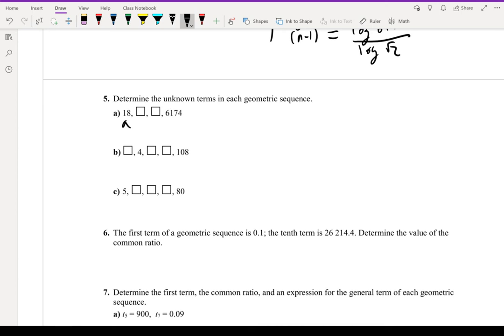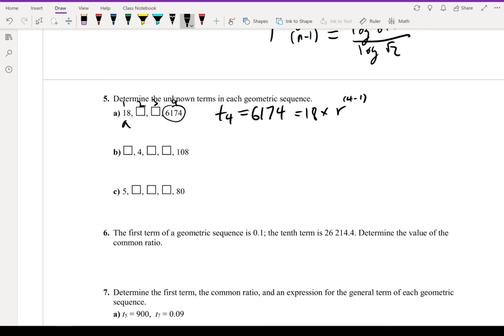We know that if this is the first term, this is the second term, this is the third term, and this is the fourth term, so that will be t of 4. So t of 4, which is 6174, is equal to the first term times some r, which we don't know, to the power of 4 minus 1.